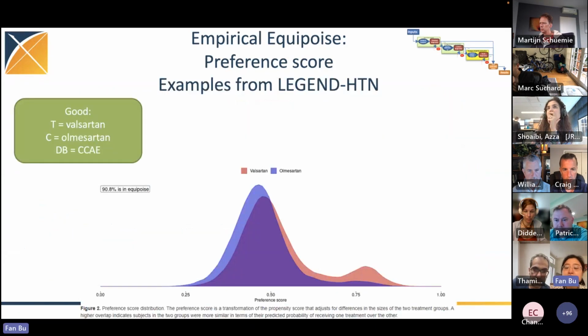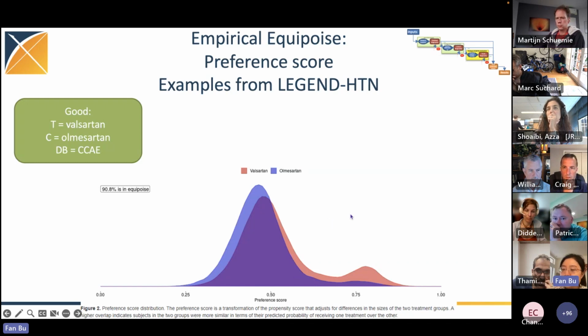So again, using an example from the Legend hypertension study, this is kind of a good case example. So for a particular target comparison pair we're looking at here, what we're plotting is the distribution of the preference score for the subjects within the target group in red and within the comparator group in blue.